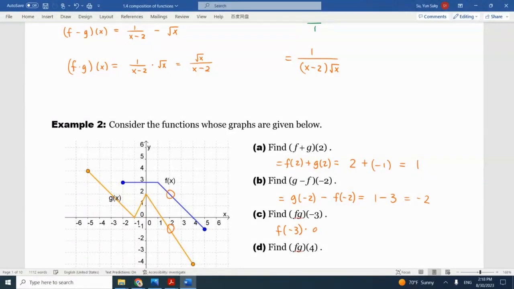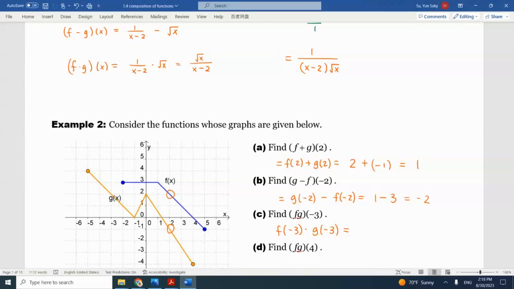So F of negative 3 times G of negative 3. Right? Denise? What is F of negative 3? Do you see it? It actually stopped here. We have no value at negative 3. Right?